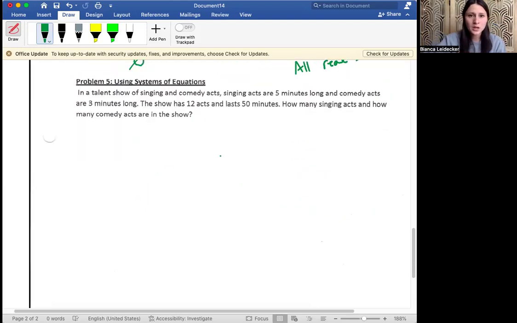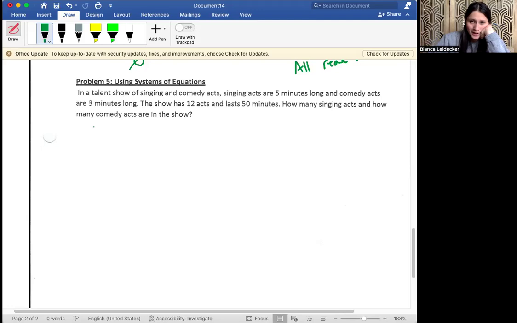Okay, last problem, using a system of equations. So in a talent show, singing acts are 5 minutes long and comedy acts are 3 minutes long. The show has 12 acts and lasts 50 minutes. How many singing acts and how many comedy acts are in the show?